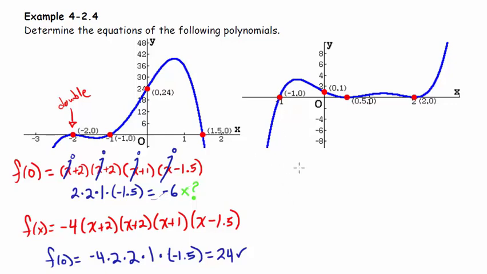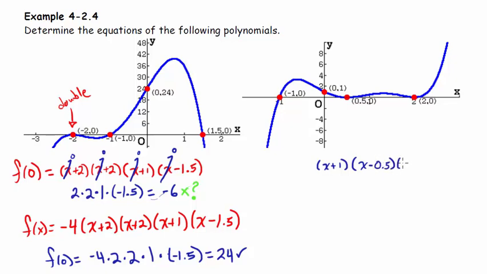Alright, so let's look at this next one here. I have a root at -1, so that factor would be x plus 1. Looks like a double root at 1/2. So I could do 2x minus 1 times 2x minus 1, or what I'm going to do is I'm just going to do x minus a half.